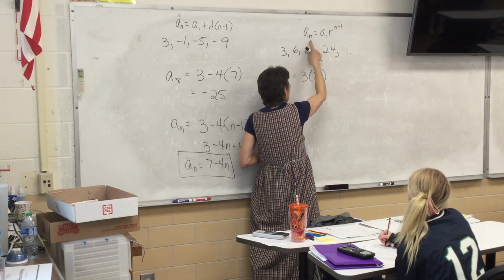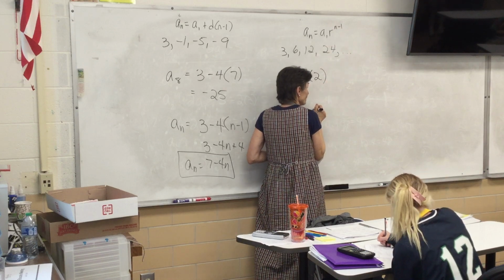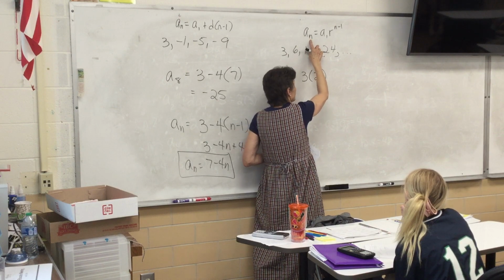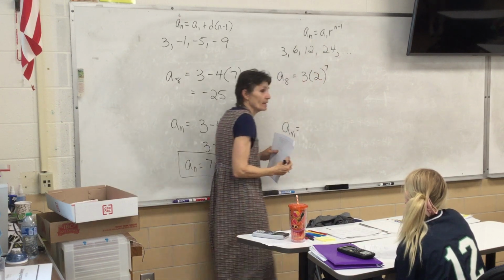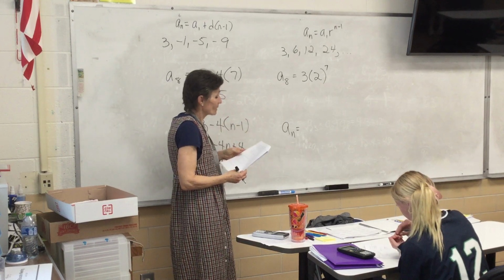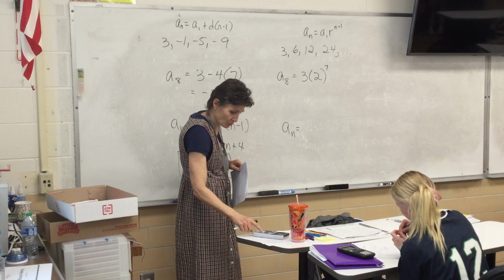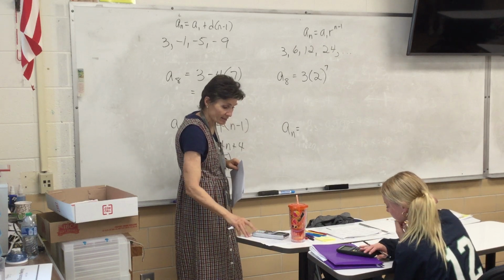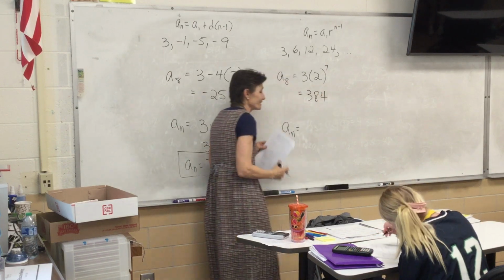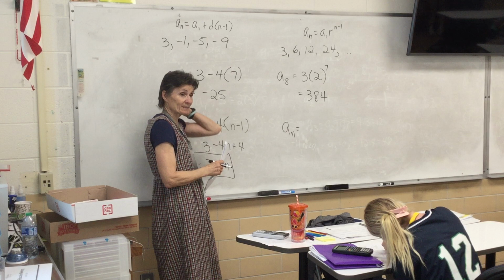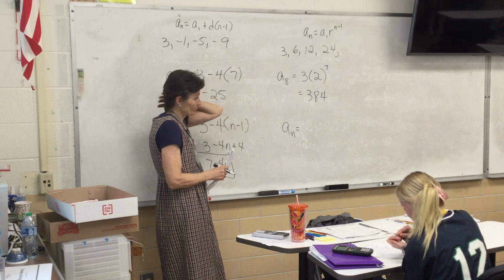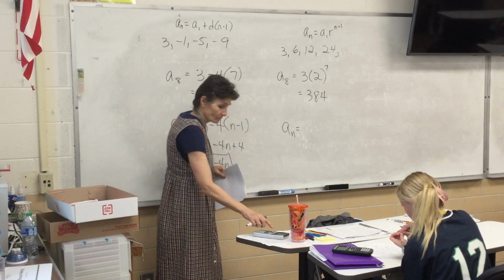If I'm finding a sub 8, I'm raising it to the 7th power. n is 8, so my exponent is 7. So 3 times 2 to the 7th. Please do not combine the 3 and the 2. The answer is 384. We talked about this way back in chapter 1. They have to stay separate.